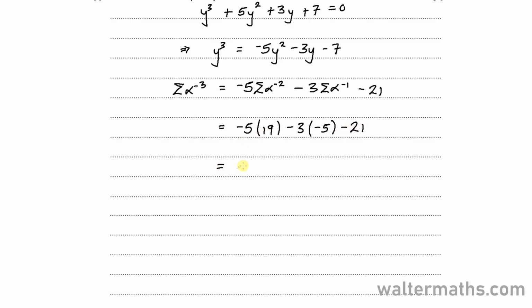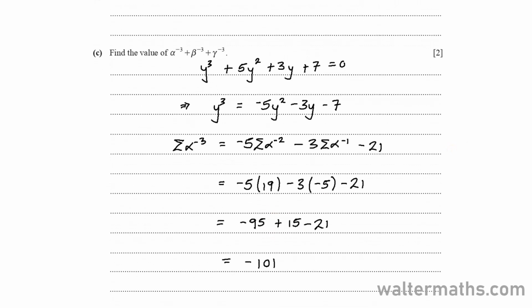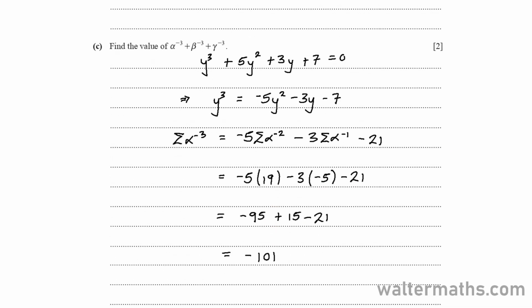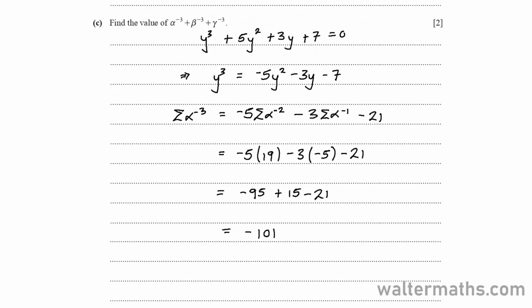So minus 5 times 19 is minus 95, and that's minus 3 times minus 5 is plus 15, and it's minus 21. And adding up this, we get the answer as minus 101. So that's what we get for part C. And that's it for question number 1.